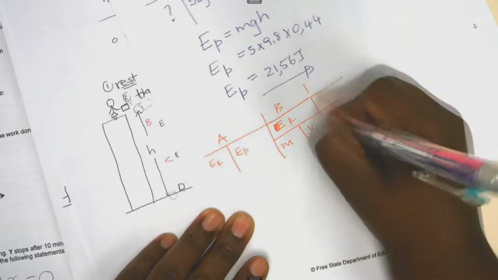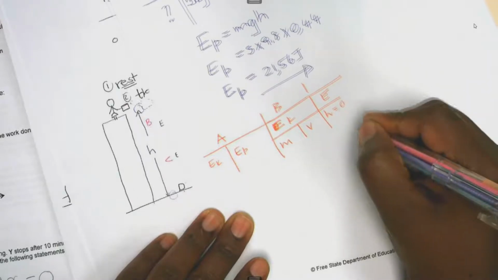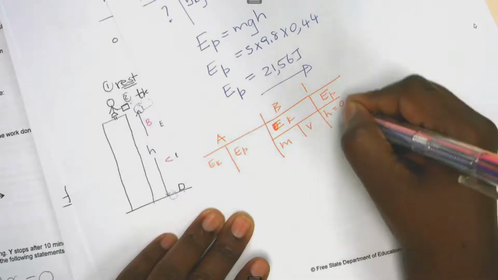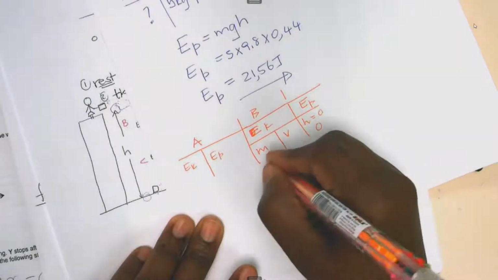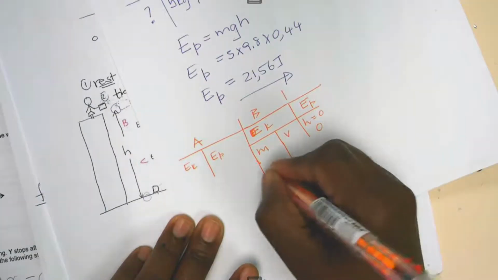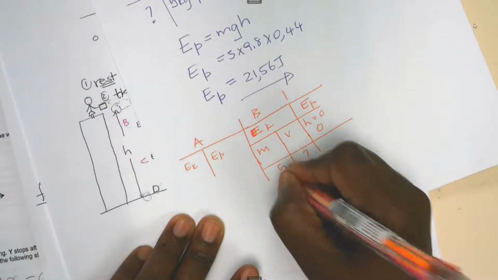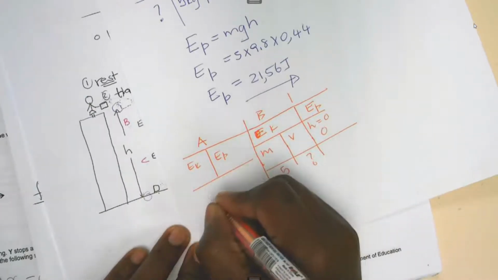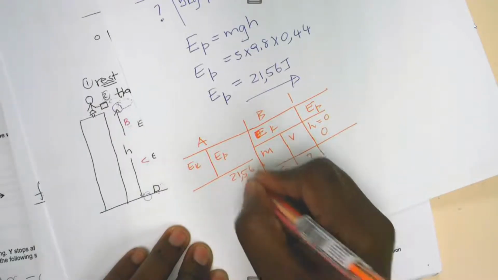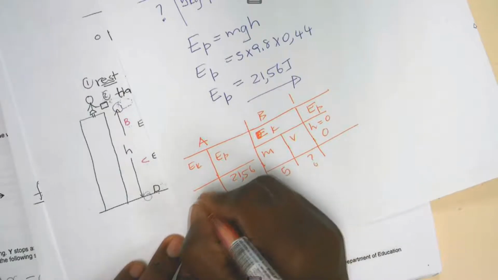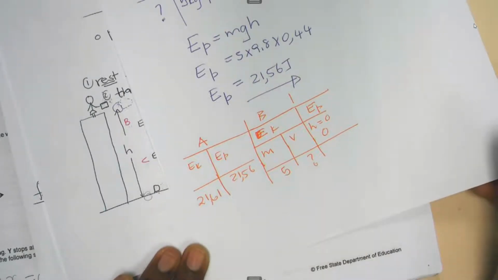Then for EP, h is equal to 0, so EP will be 0. Then the velocity is what you want to calculate. The mass of that object has not changed. Here you've got EP 21.56 and EK 21.61. This is what you have.